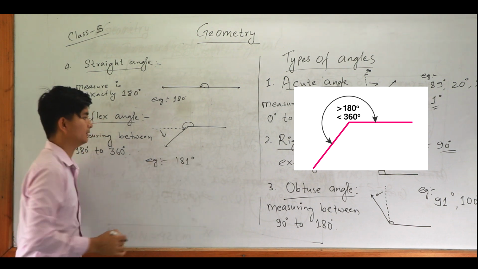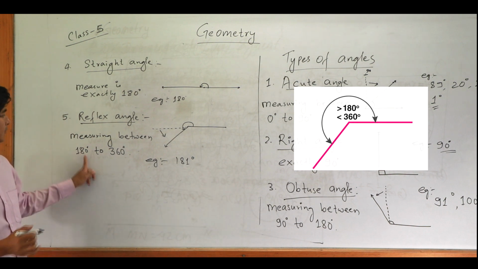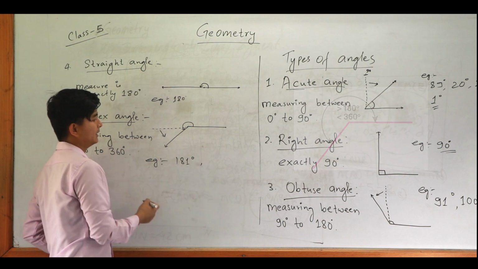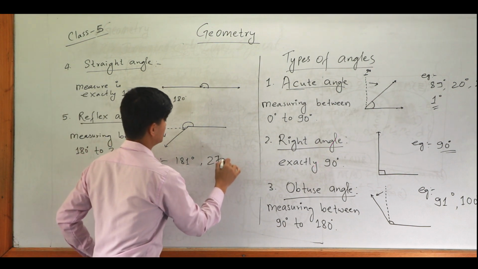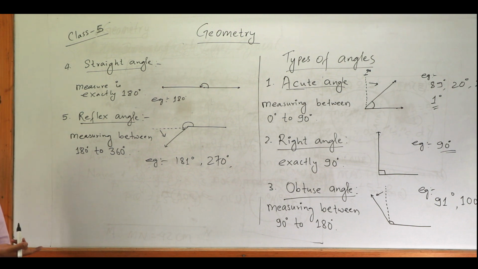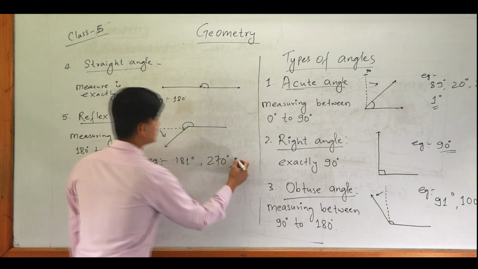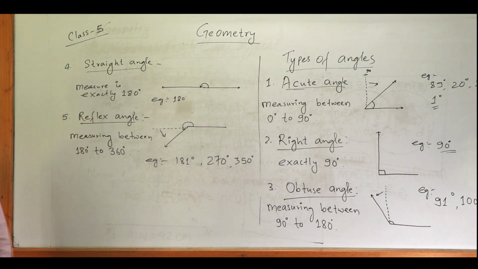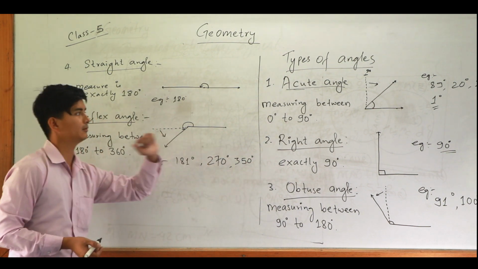If it is 181, this is a reflex angle, because it is more than 180. So that's why it is a reflex angle. So 181 also you can say, 270 also you can say, these are all examples for reflex angle. Okay, or you can say here 350 degree. It is also an example for reflex angle.